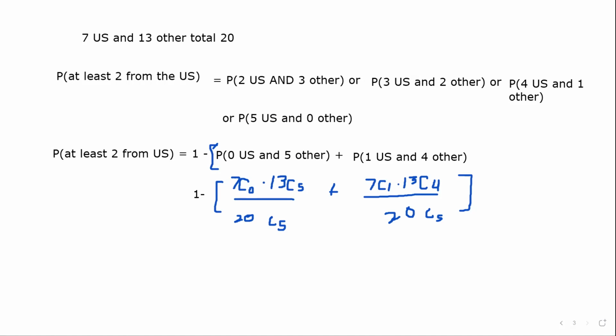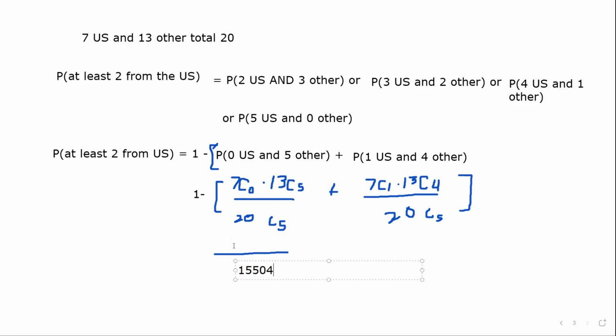Now, if I'm going to choose 1 from that, this is 13 choose 5. Let me put my fractions down here. This is 15,504, right?